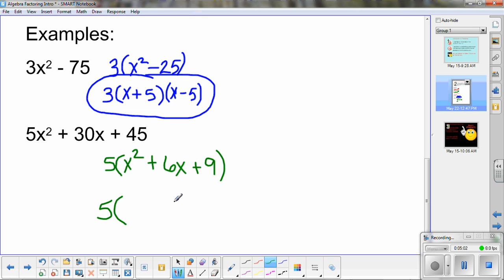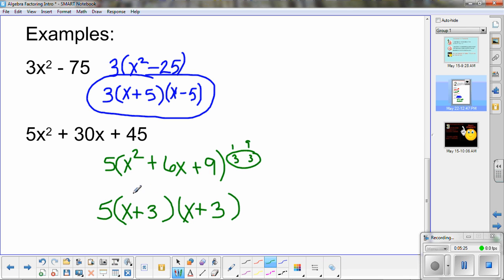I look for what two numbers I can multiply to get 9, but add together to get 6. So we have 1 and 9, 3 and 3. It's going to be the 3 and 3. So x plus 3, and then also x plus 3 again.